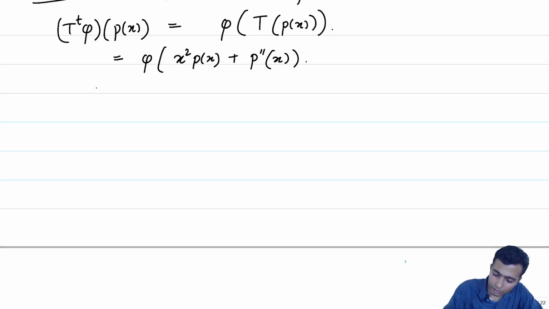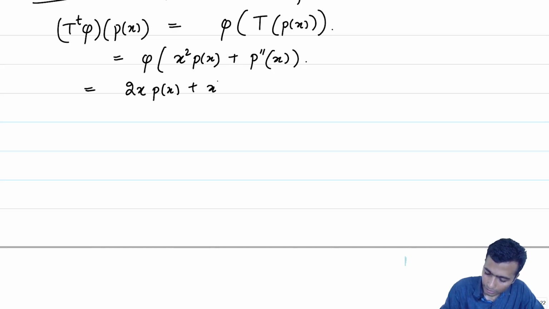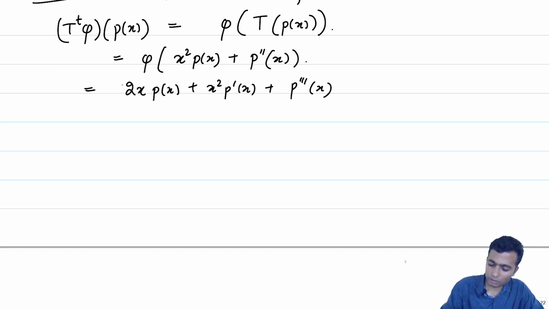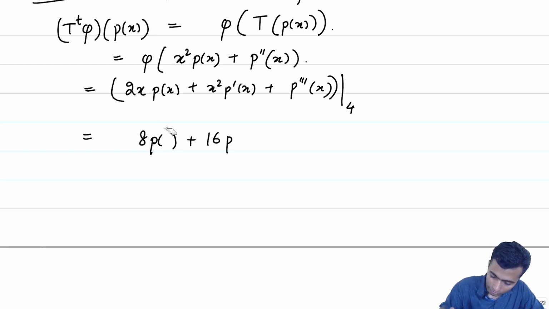So that will just turn out to be equal to, let me quickly write it down, 2x P of x plus x square times P prime of x plus P triple prime of x. This evaluated at 4 is going to be 8 times P of 4 plus 4 square, which is 16, times P prime of 4, plus P triple prime of 4.